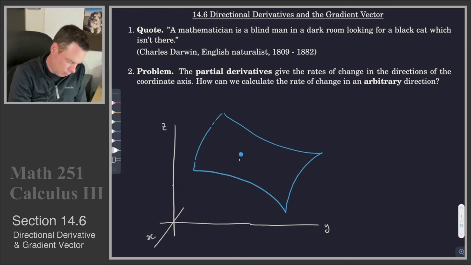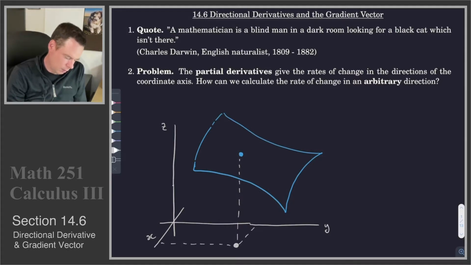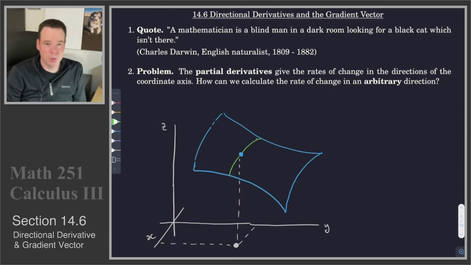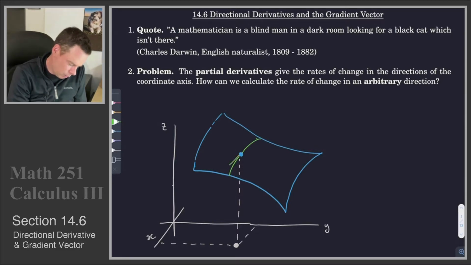So if we think about what we've done so far, we've imagined that we're standing at a point in the plane, in our domain, and we move a little bit in the x direction. So that allowed us to take a slice of our surface in the x direction. That produced a curve, and for that space curve we constructed a tangent vector.